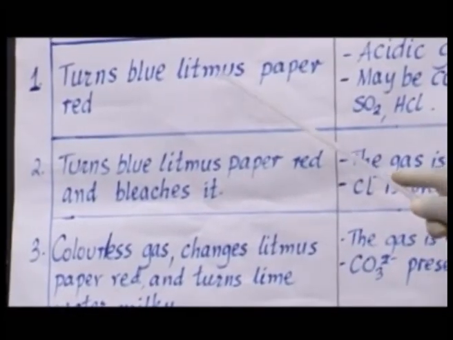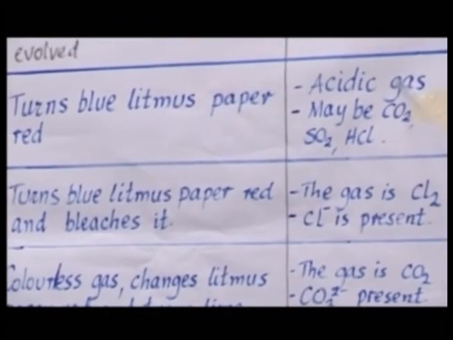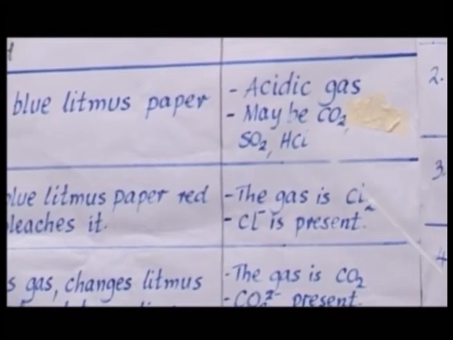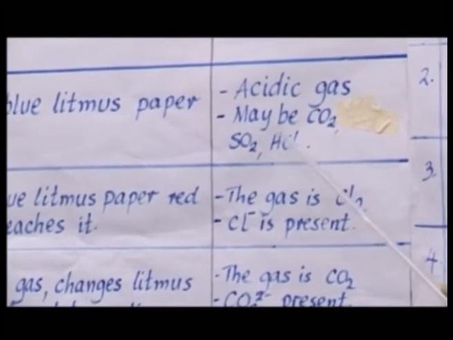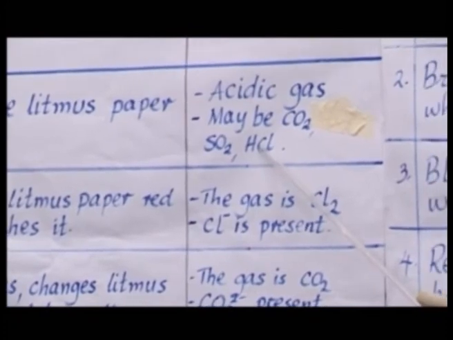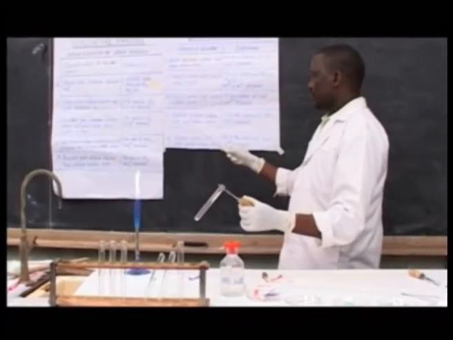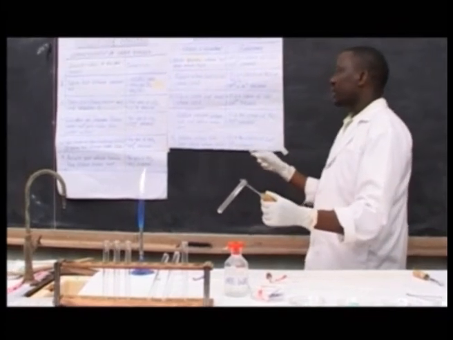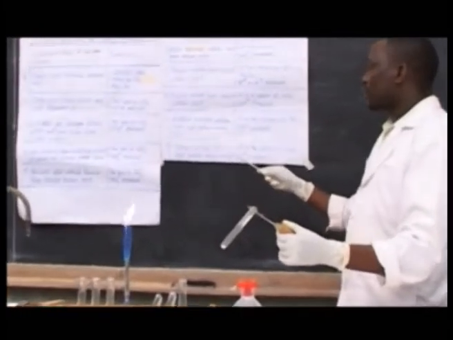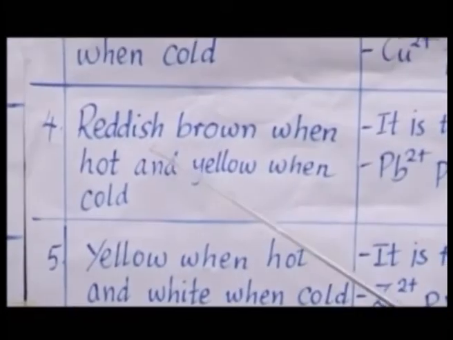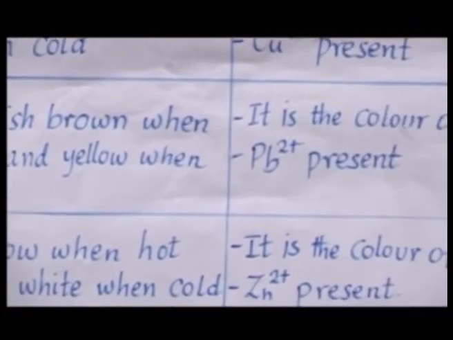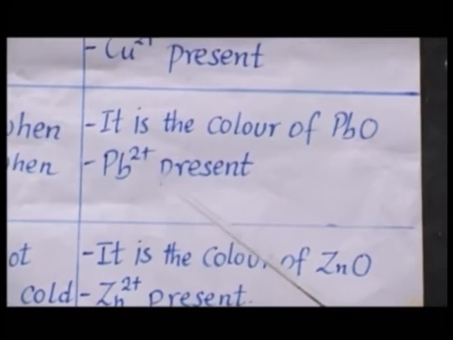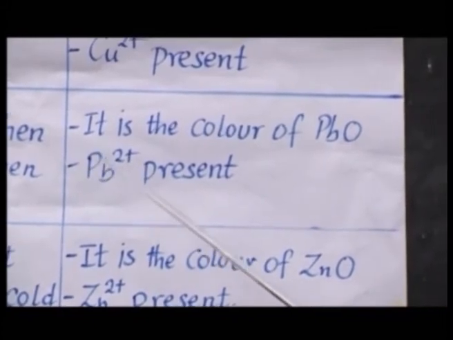Therefore, it suggests that the gas is acidic gas, and it may be carbon dioxide gas, sulfur dioxide gas, or hydrogen chloride gas. The color of the residue observed is reddish brown when hot and yellow when cold. It is the color of lead oxide, and it suggests that there is lead 2 ion in this salt.